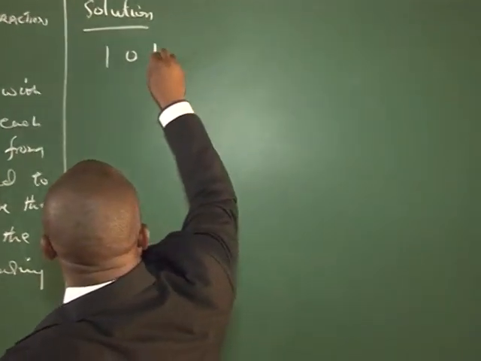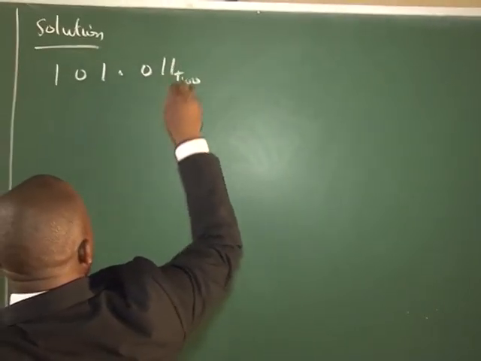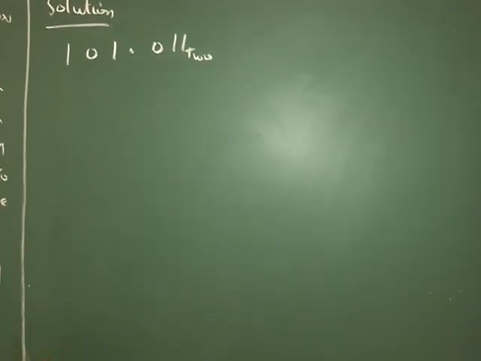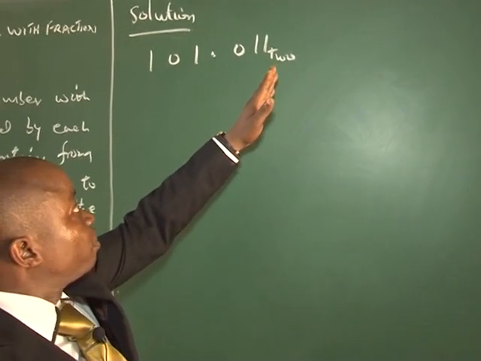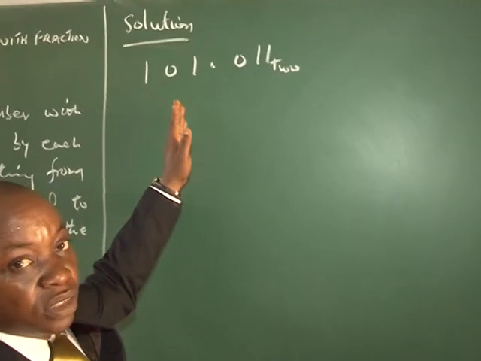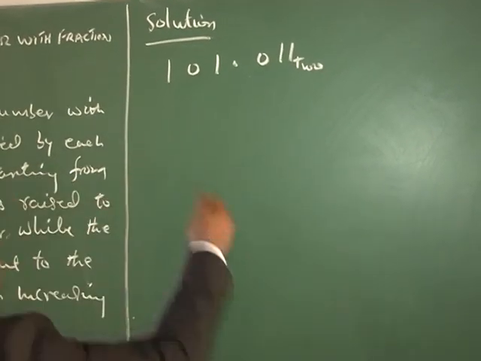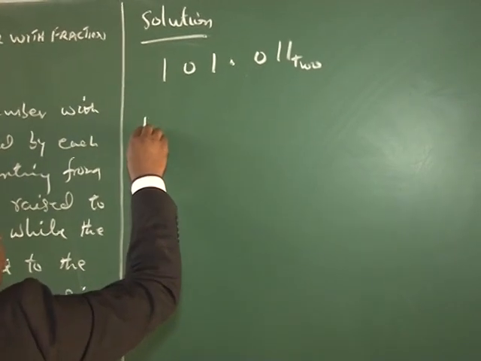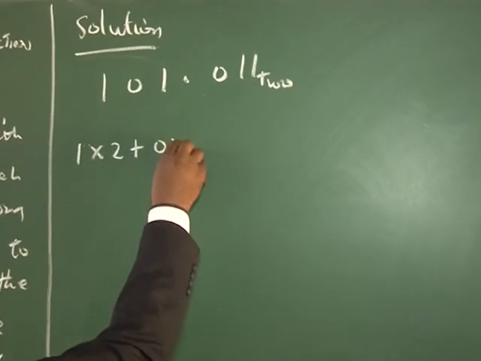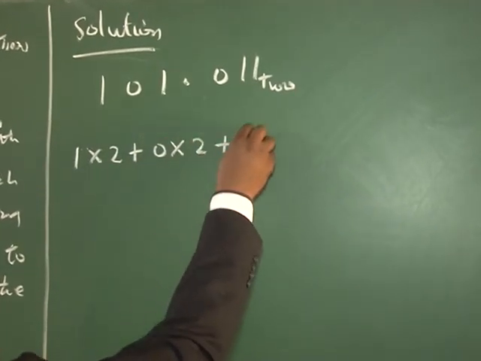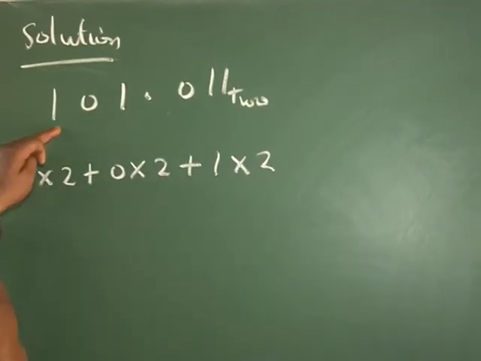101.011 base 2. Now what we are saying is that this base 2, we are going to use it to multiply each number. And then we have 1 times 2 plus 0 times 2 plus 1 times 2. These ones.